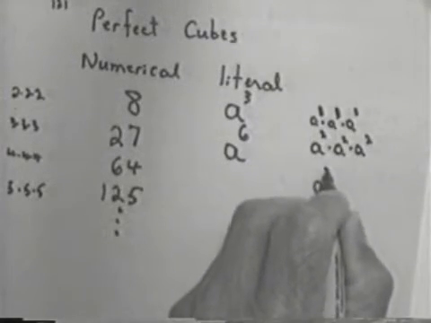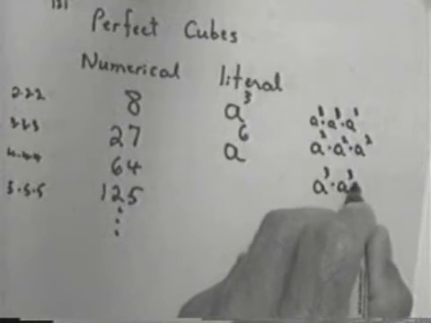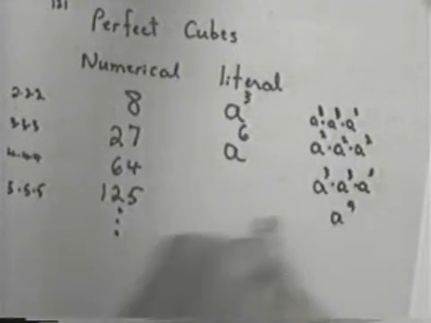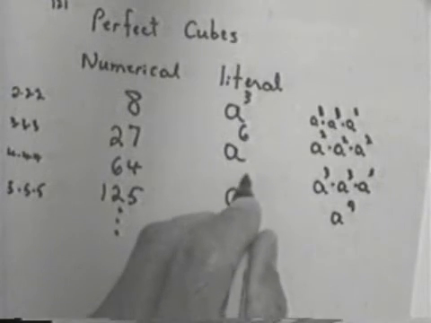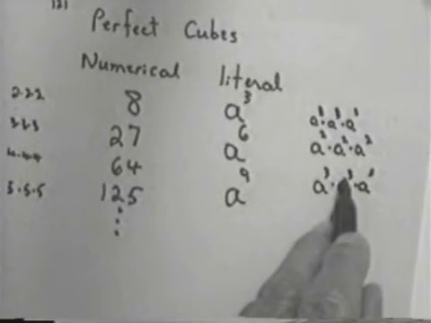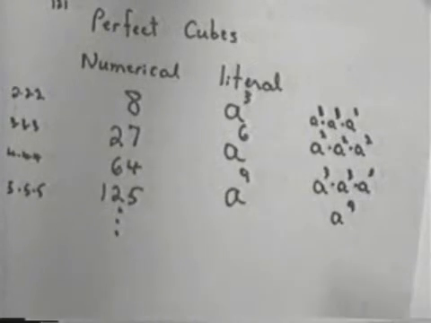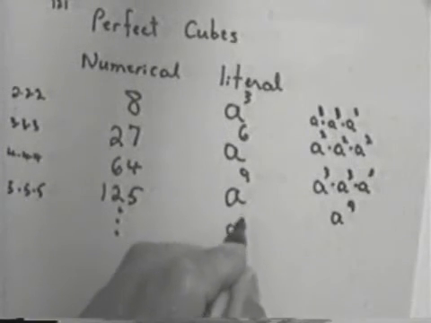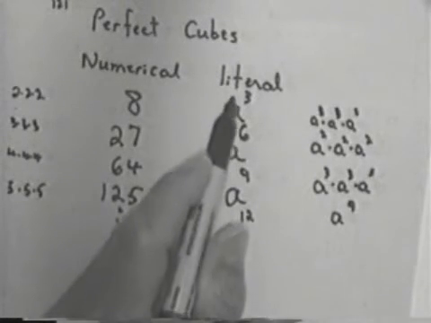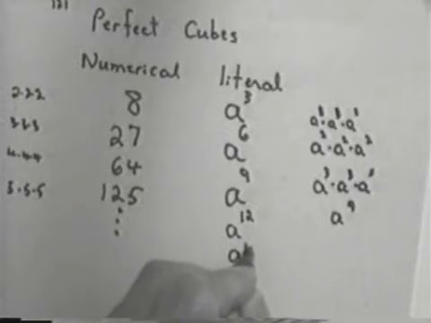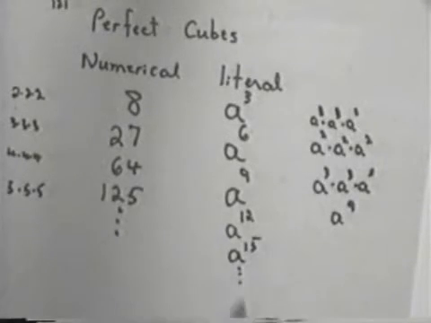Then I could do a cubed times a cubed times a cubed, which gives me a to the 9th. 3 plus 3 is 6. 6 plus 3 is 9. The next would be a to the 12th, because notice the pattern, 3, 6, 9, 12, then 15, and so forth.